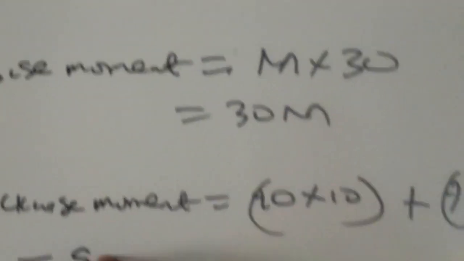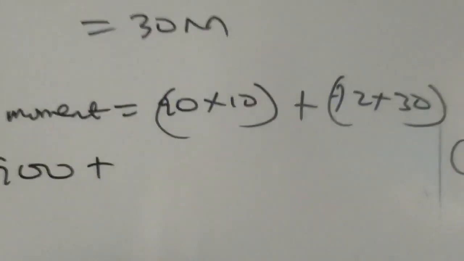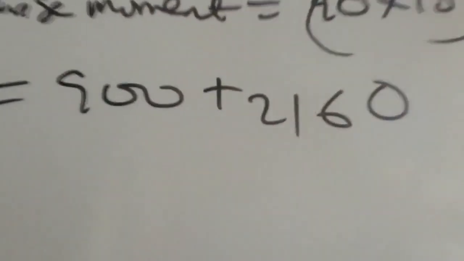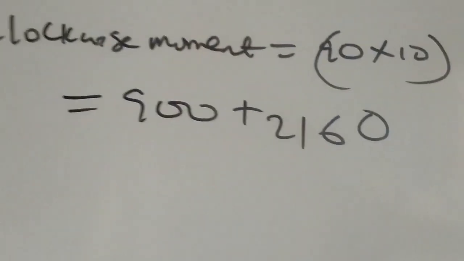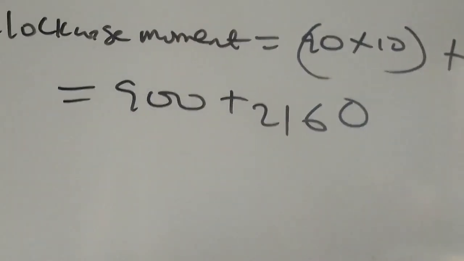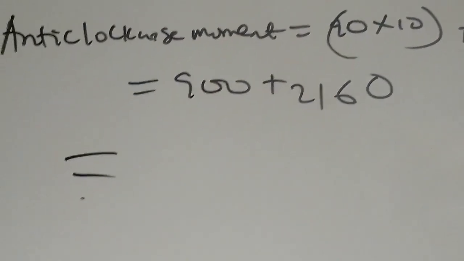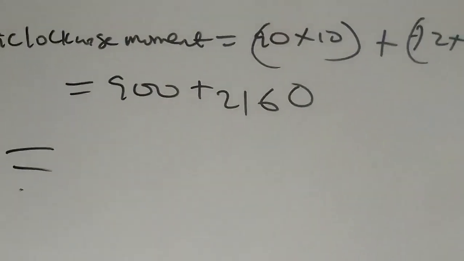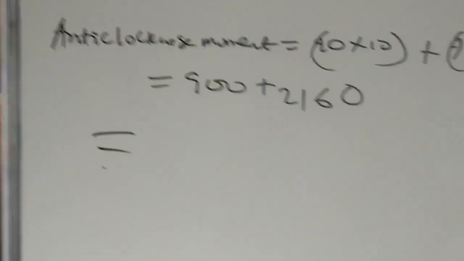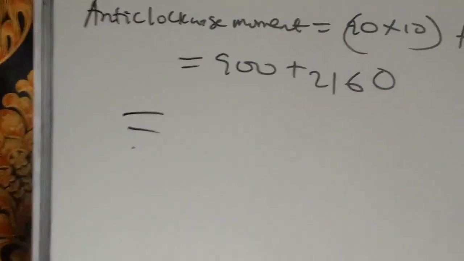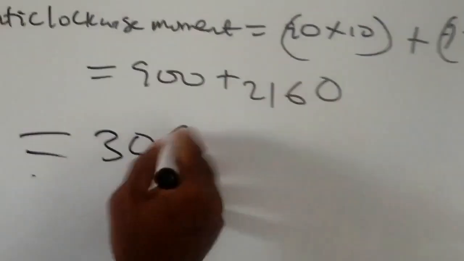That gives us 900 plus 72 times 30, which is 2160. When we add these two together, we have 3060.